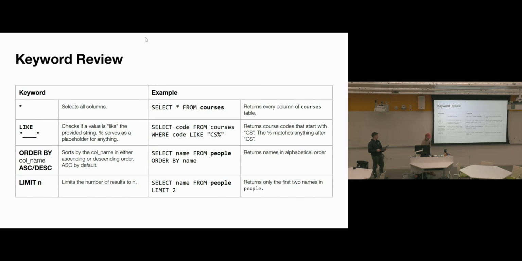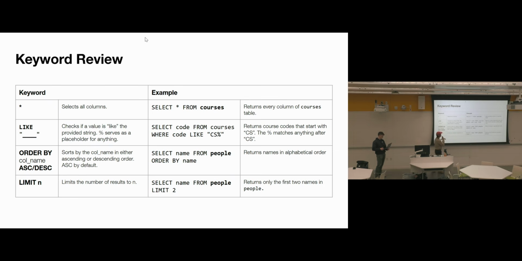And then just a quick review of the things that we just talked about. There's the like keyword, in which you can get partial matches, particularly of names from this set, and then also some examples of that. Select code from courses where code like CS. In this case, which is a nice use case here, all the CS courses are going to be returned because they all start with CS.